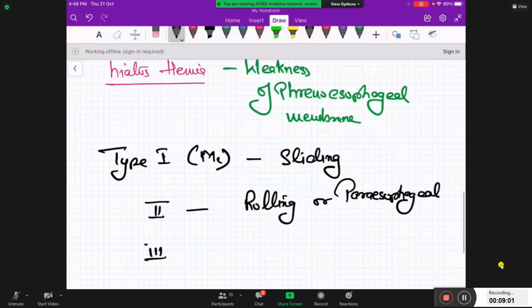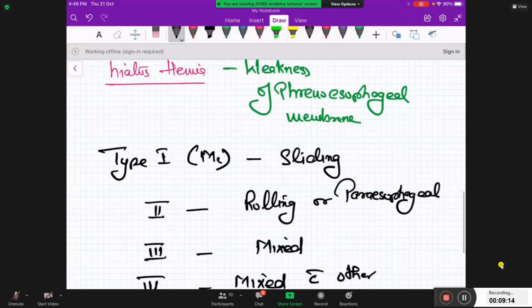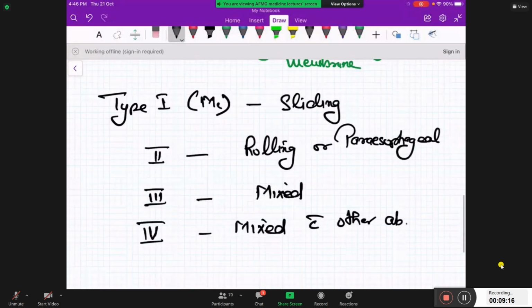Type 3 is mixed type, and type 4 is mixed with other abdominal contents in thorax.